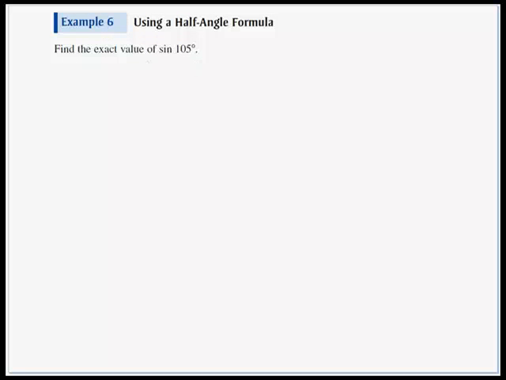So let's see here in example 6. It says find the exact value of the sine of 105. Well, we're learning about half-angle formulas. What is 105 half of? 210. 210 divided by 2 is 105. So we're looking at this as 210 over 2.